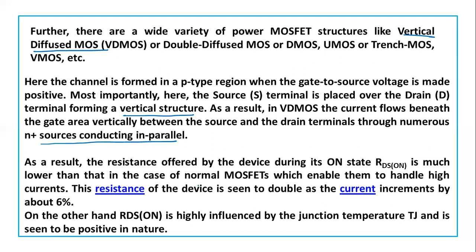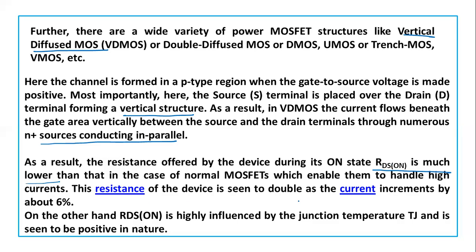As I told you, when the gate voltage increases, the conductivity increases, that is, the drain current ID is getting enhanced. As a result, RDS on is much lower.